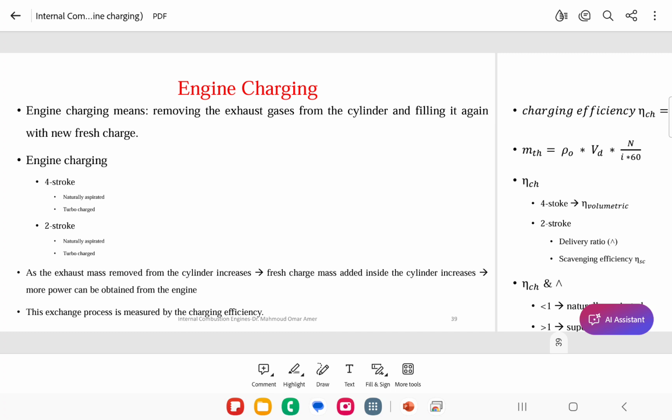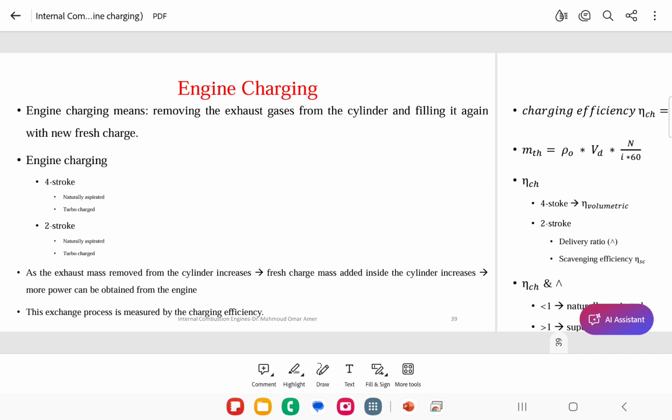For a 4-stroke engine, you know there is a dedicated exhaust stroke and a dedicated intake stroke. And you also know there is a very slight overlap when the intake and the exhaust valves open at the same time.